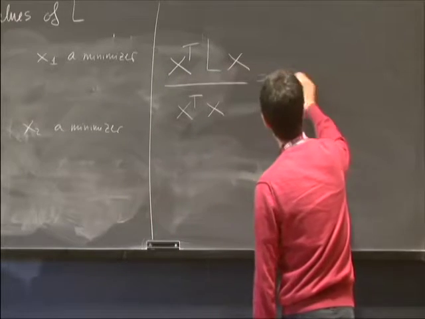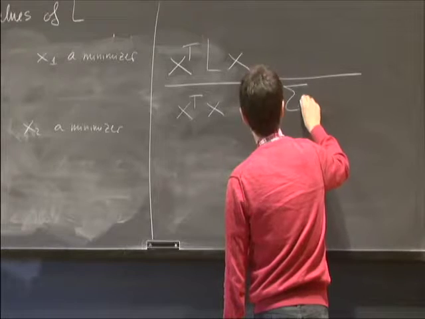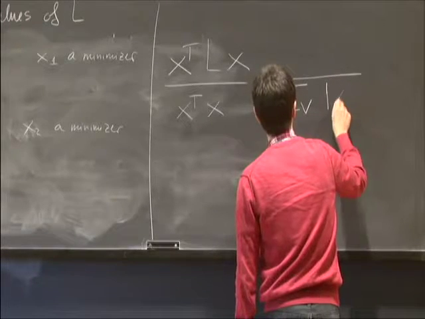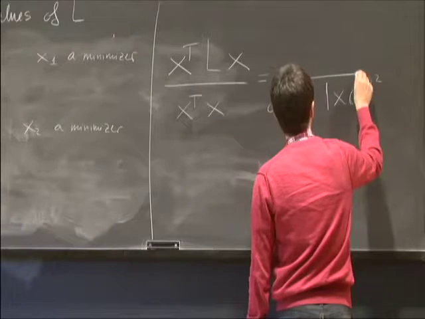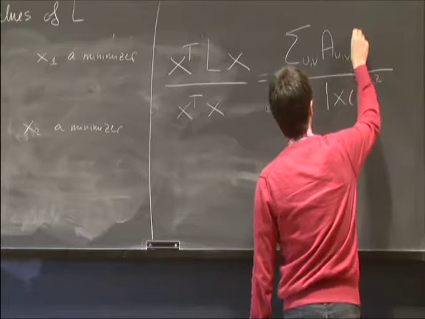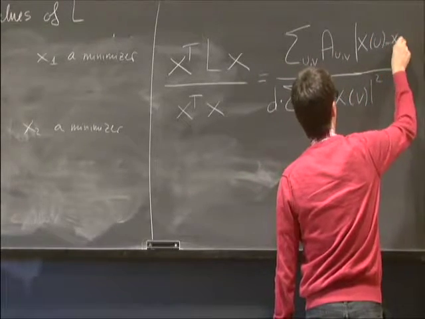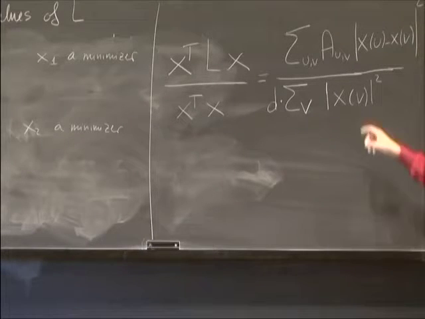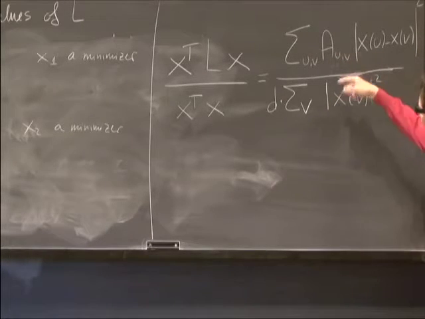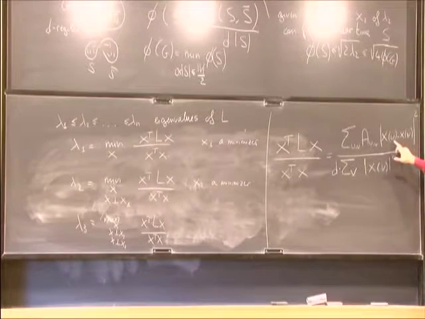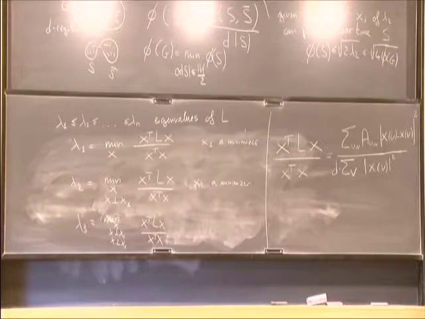If one expands it out, where this is the adjacency matrix of the graph, this is twice the summation over all edges of the difference of the value of this vector x at the endpoints squared, normalized by the size of the vector.